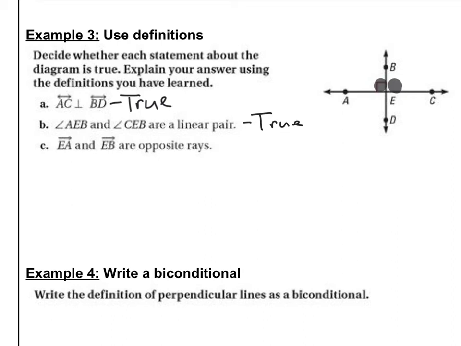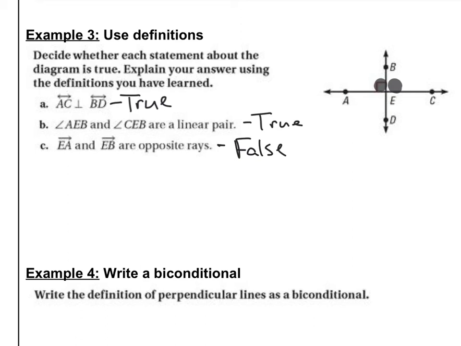Okay, the last one, we haven't talked really too much about opposite rays, but let's take a look at it here real quick. It says ray EA and ray EB are opposite rays. So we have ray EA and we have ray EB. The one thing that we have talked about a little bit is that opposite rays go in opposite directions with the same endpoint, so this would be false.